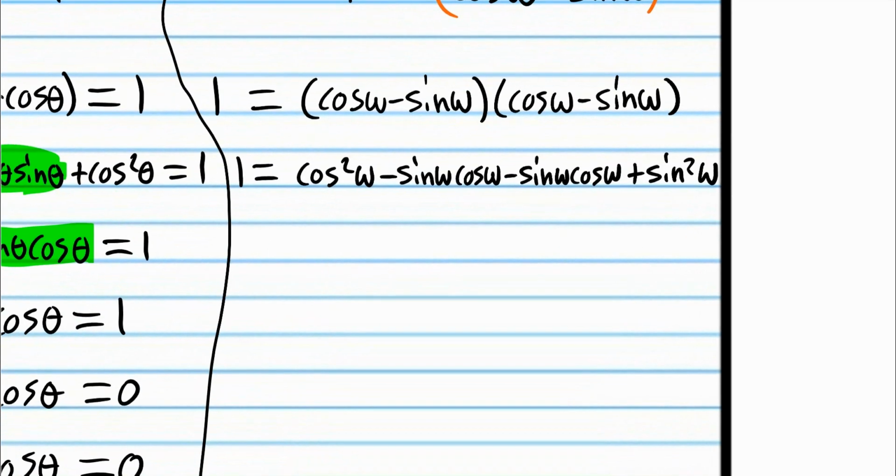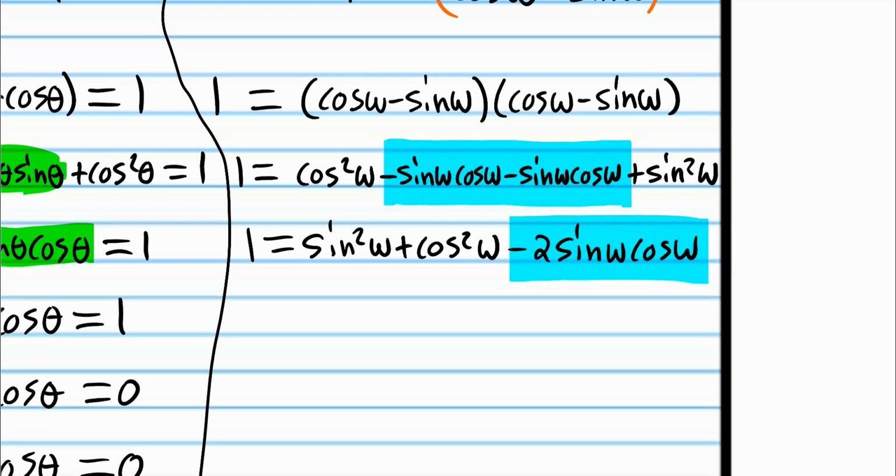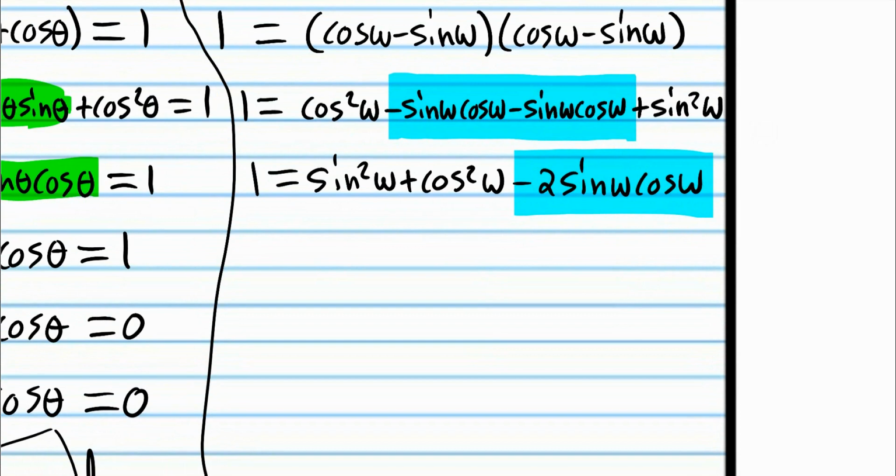So now we're going to collect sine squared omega and cosine squared omega, and we're going to combine those like terms. So I just want to be clear that all these terms here condensed to that. And now we're going to use a Pythagorean identity.